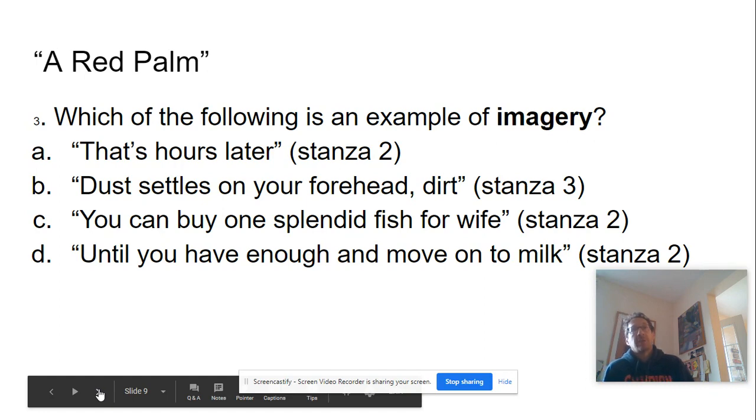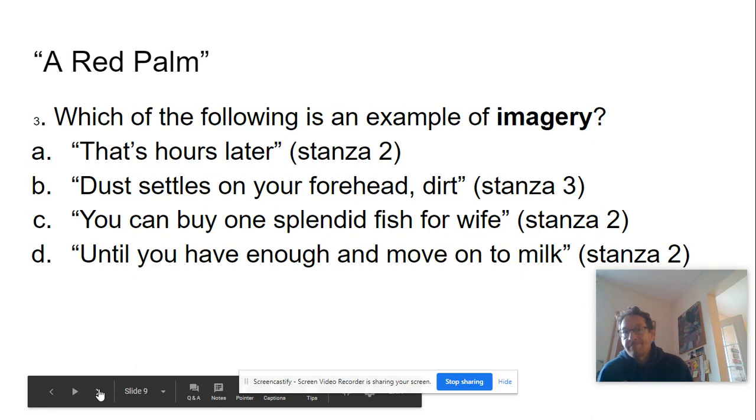I can picture a splendid fish, although it's not really vividly described. But again, I'm going to skip that one because that's a possible answer. And then lastly, until you have enough to move on to milk, seems to be a line that's just drawn out of nowhere. It's talking about how hard you have to work. So it's definitely between B and C.